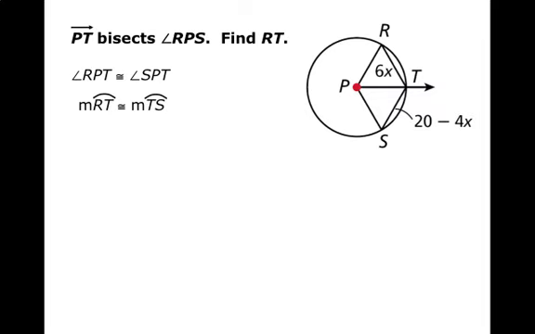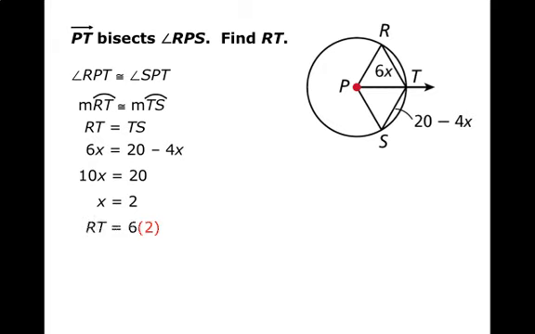And if the arcs are congruent, we know the segments are congruent. So now that we know that RT is equal to TS, we can substitute in and we can solve for X. And since we still need to find the length of RT, we can substitute back in and we get that RT is 12 units long.